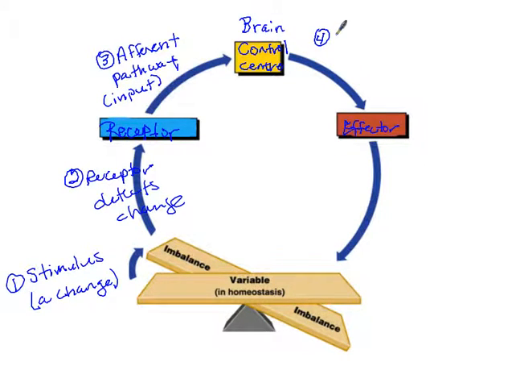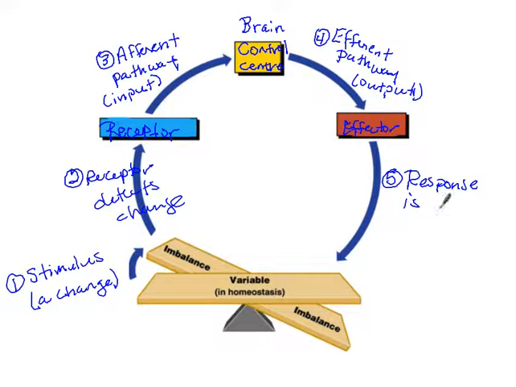And then the next thing that's going to happen is our efferent pathway, or what we will call output. Okay, so the brain is going to send a signal to the effector to carry out some kind of response. And so we'll put number 5 right here. This is where our response is carried out.